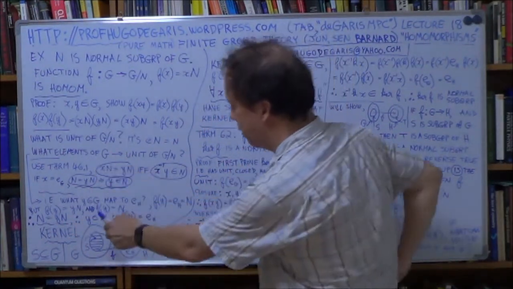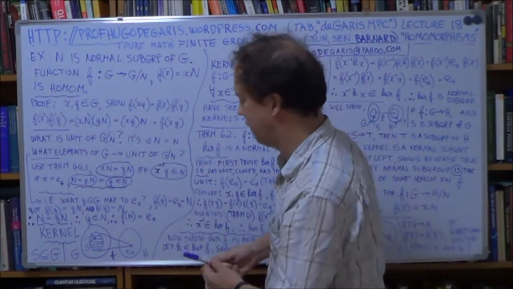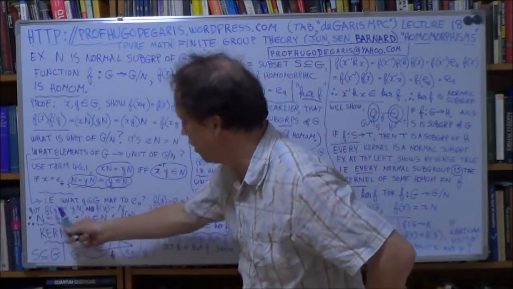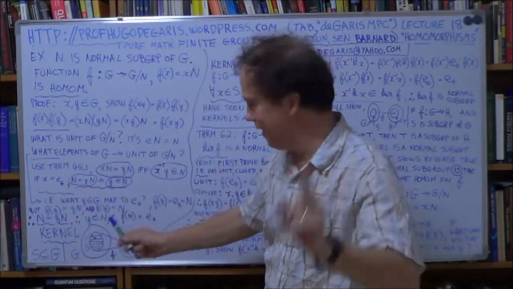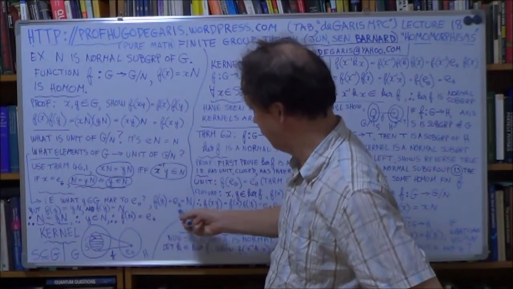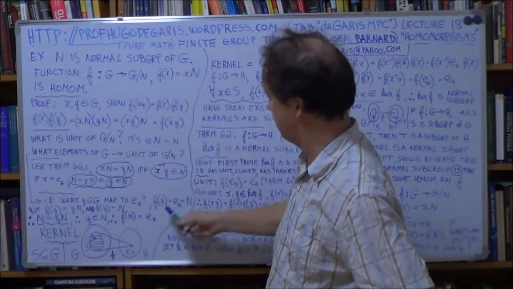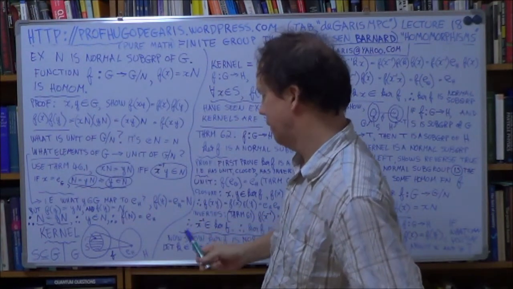But we also have from here that f of y is N. So we've got f of y is yN and f of y is N. So here's your f of y is N, and here's your f of y is yN. Both are true.